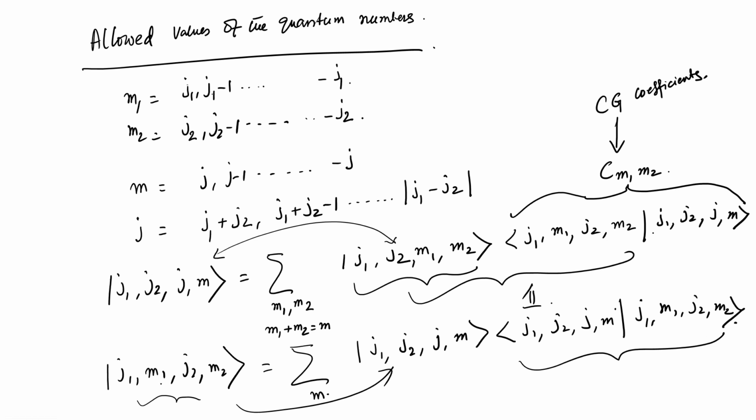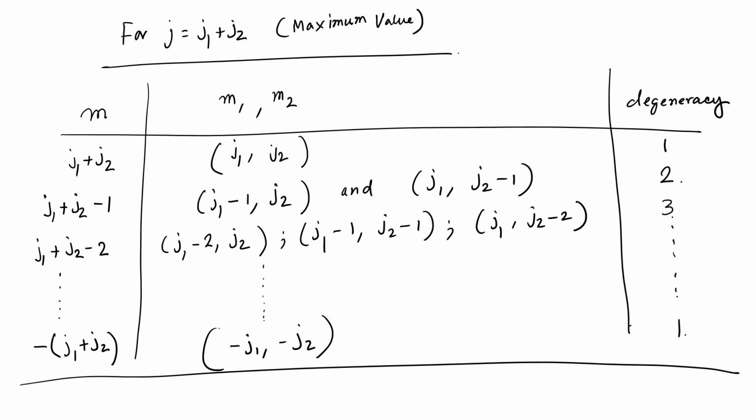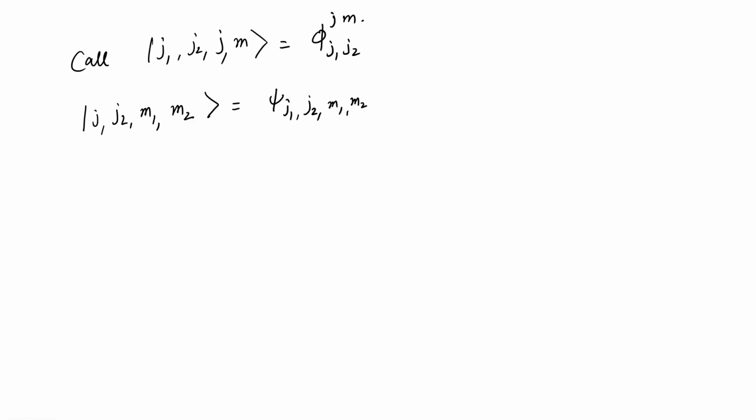Now you have M1 and M2, so you have to sum over M1 and M2. In any case, you can call either of them phi or psi, because the description is what is going to matter.